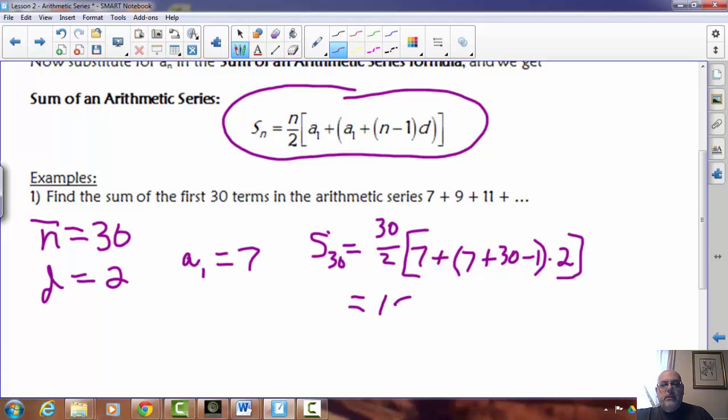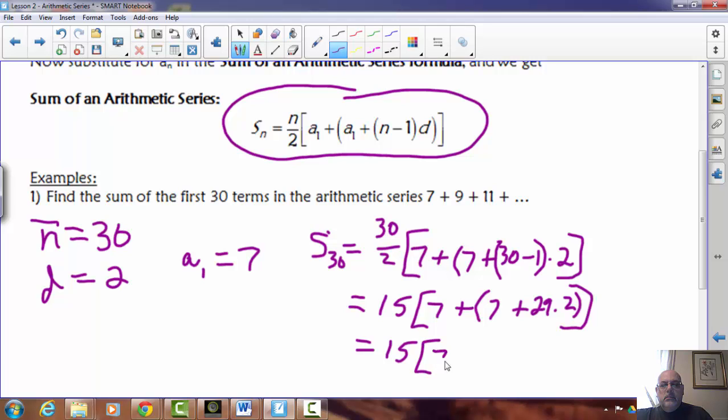So it's 15 times, there's actually another parenthesis there, 7 plus 29 times 2. 29 times 2 is 58. 58 plus 7 is 65.